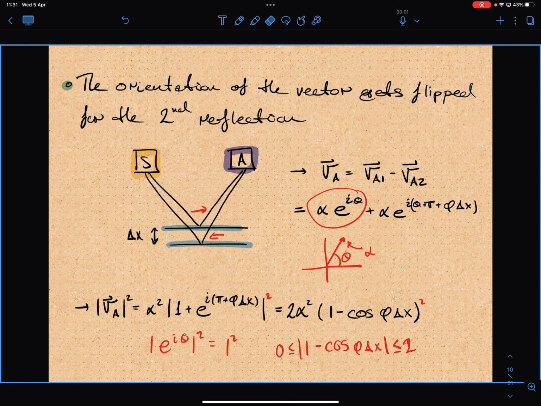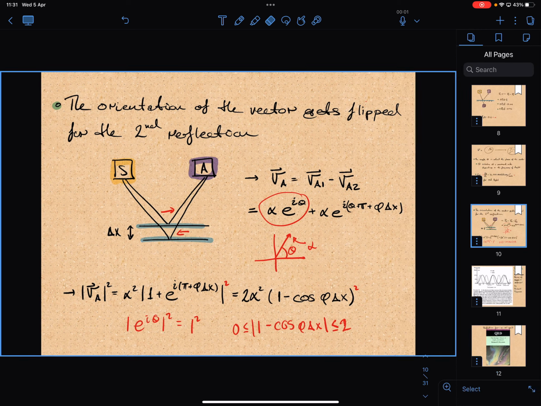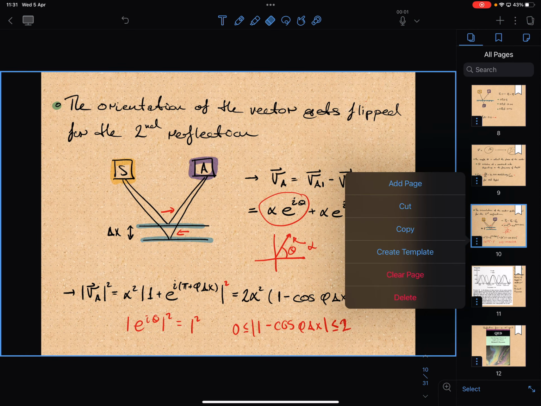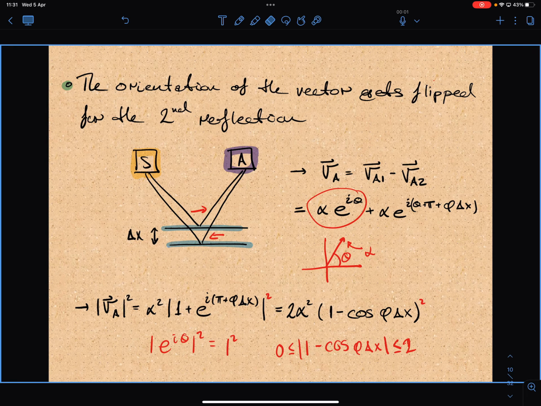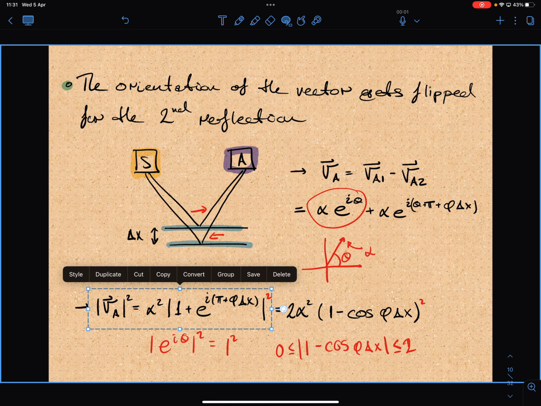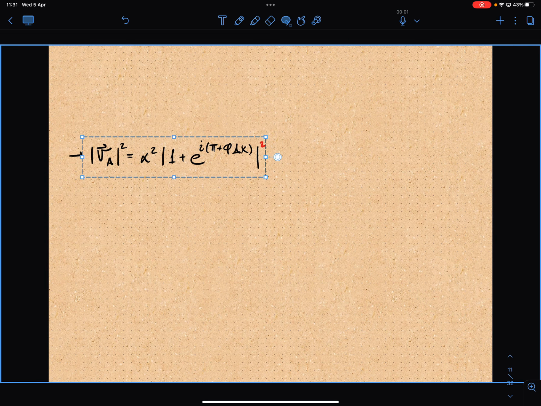Let's do it live. We want this computation. Copy, paste.